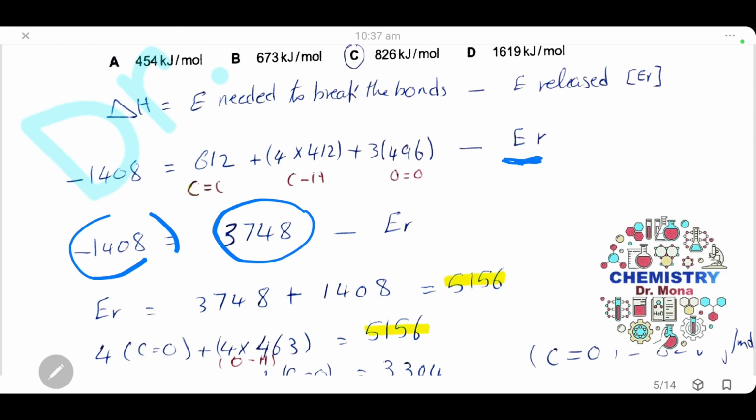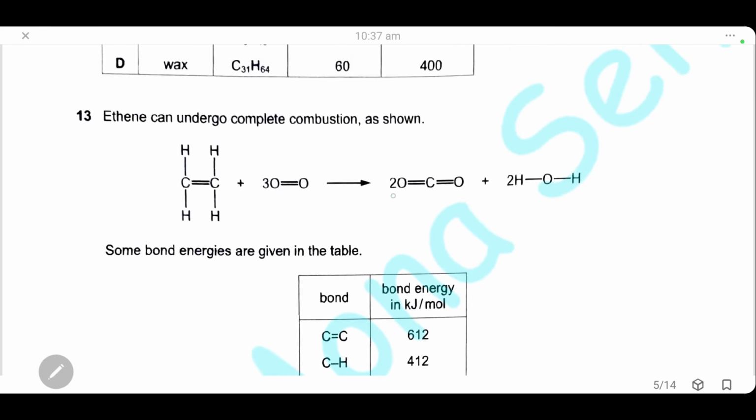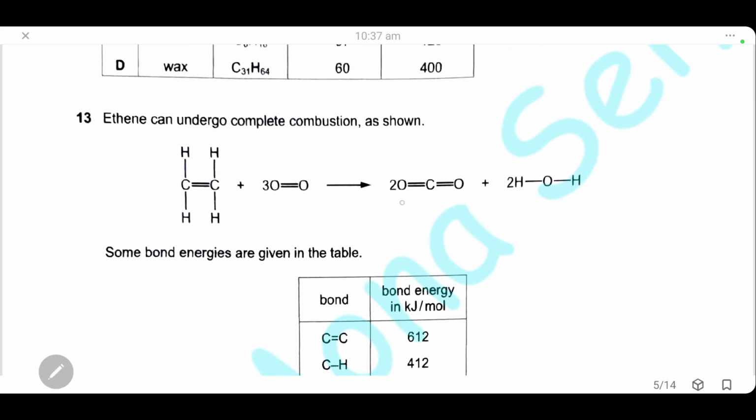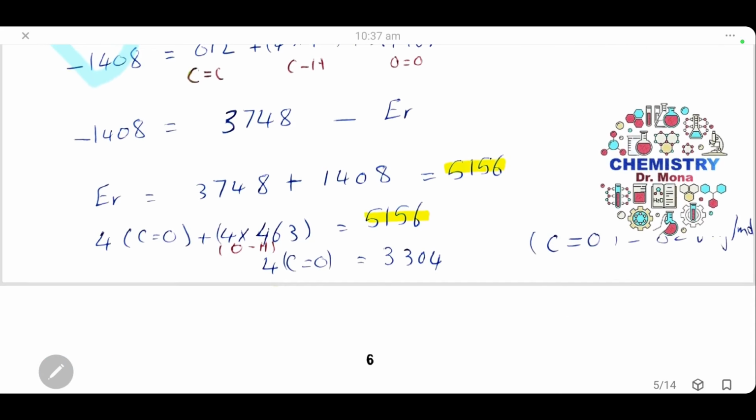This is the energy released when forming new bonds. We have 4 carbon double bond oxygen and 4 hydrogen oxygen bonds. So this number, 5,156, is equal to 4 oxygen double bond carbon and 4 hydrogen oxygen bonds.